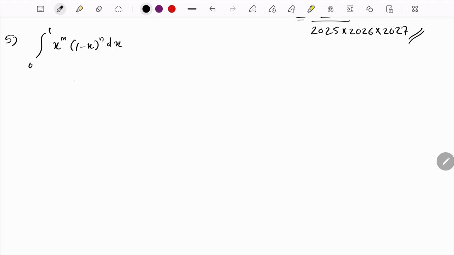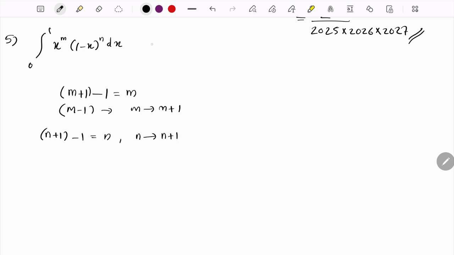Here m minus 1 is equal to m, so m is equal to m plus 1, and n plus 1 minus 1 is equal to n, that is, n is transformed into n plus 1.